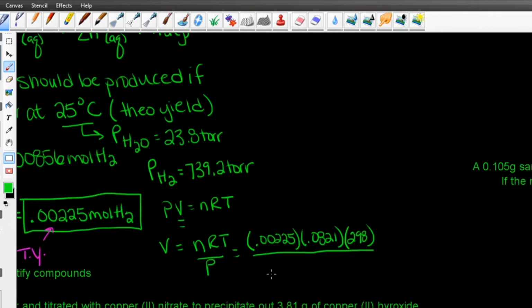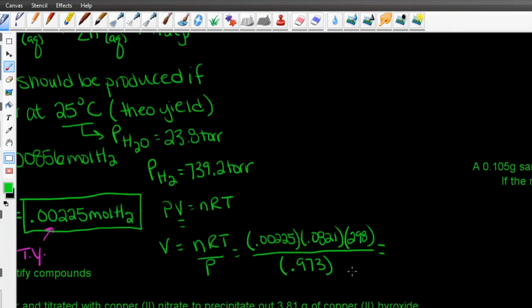My pressure of dry hydrogen gas: I have to turn my 739 torr into atmospheres by dividing by 760, so my pressure is 0.973 atm. Let's knock out this calculation: 0.00225 times 0.0821 times 298 divided by 0.973. This is in liters, so I multiply by 1,000 to get milliliters.